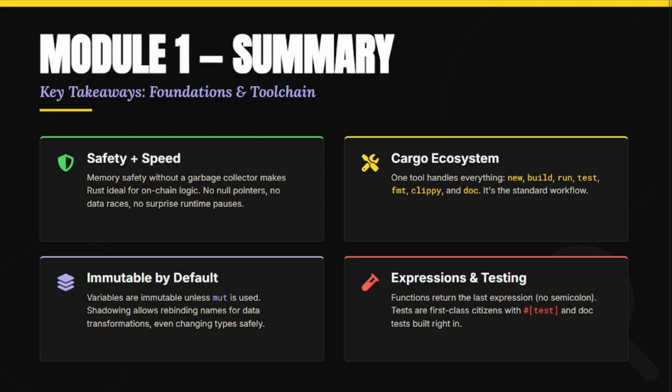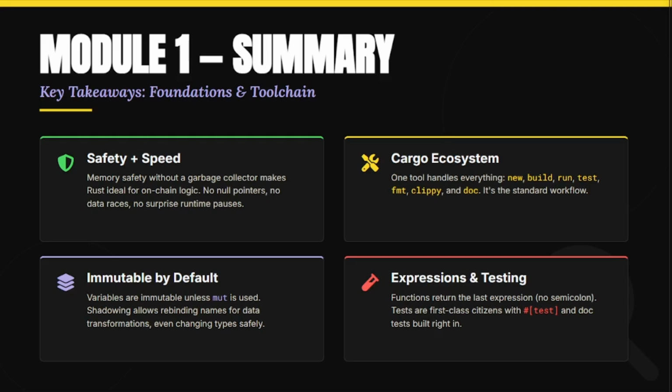We learned about the cargo ecosystem. One tool handles everything: cargo new, build, run, test, fmt, clippy, and doc. And we also spoke about immutability.